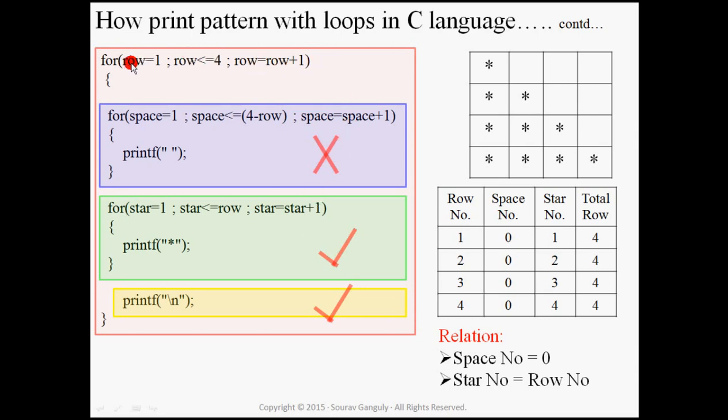So in this program, the program will remain the same as previous, but this section will not be used. We use this section only and this command to send the cursor to the next line. Let's check the example.